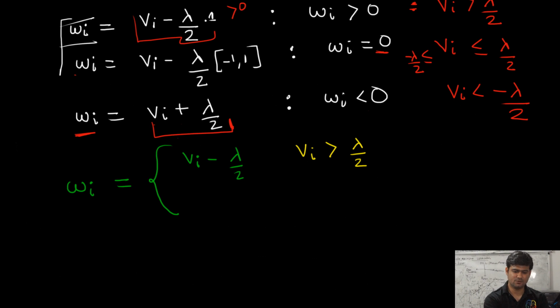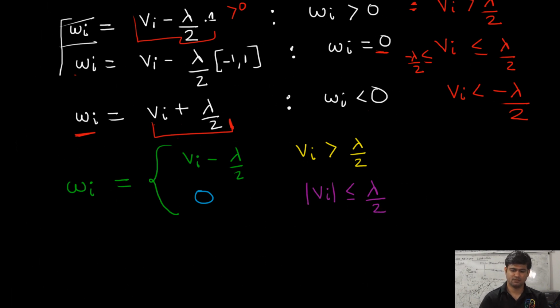We obtain that Wi is equal to 0 when the absolute value of Vi is less than or equal to lambda by 2.